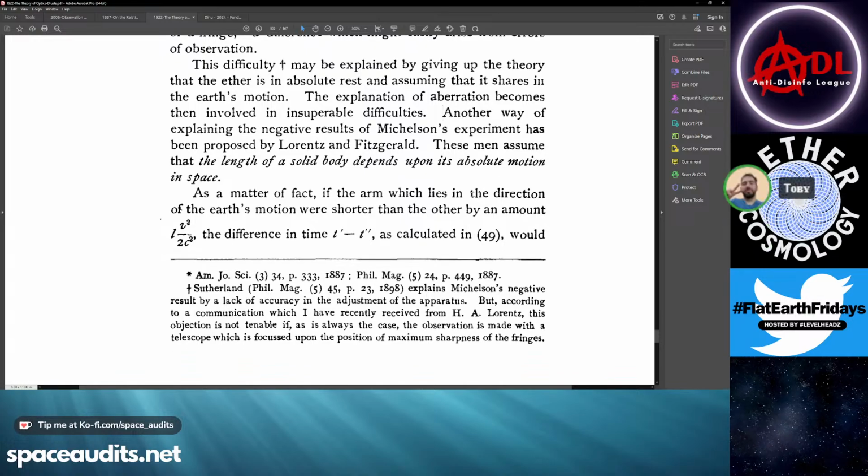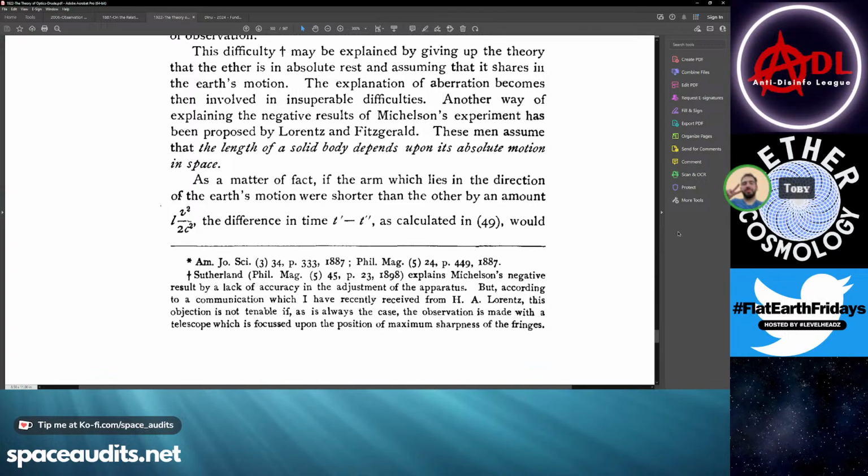Another way of explaining the negative results of Michelson's experiment has been proposed by Lorentz and Fitzgerald. These men assume that the length of a solid body depends on its absolute motion in space.